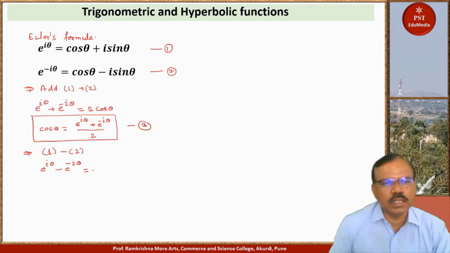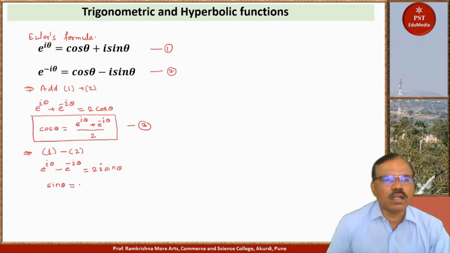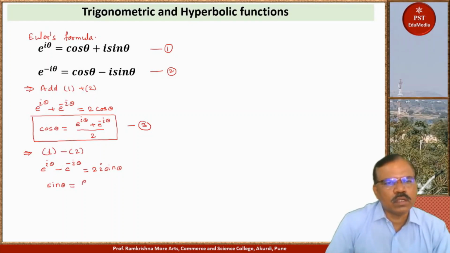So from this we will get 2 times i sin theta. So what is sin theta? So we will get sin theta is equal to e raised to i theta minus e raised to minus i theta upon 2i. So this is another trigonometric function.